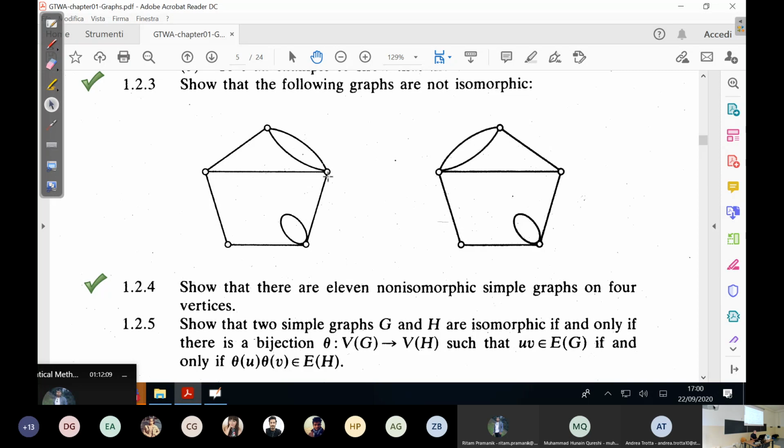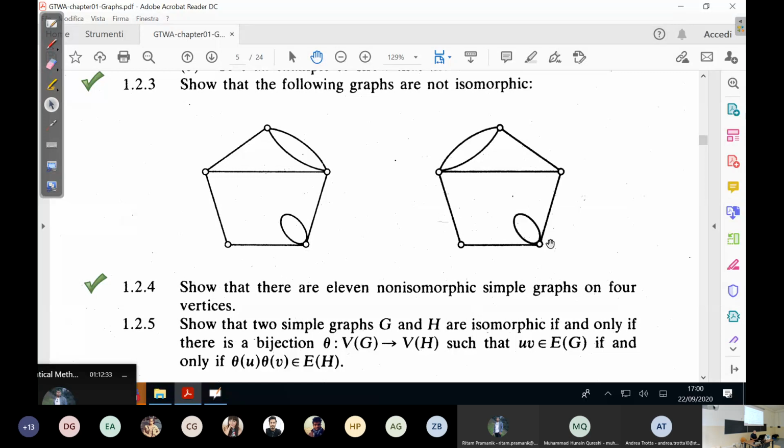Assume that you send this vertex to this vertex, then it's not possible because this edge would not know where to go, because this vertex, end of a multiple edge, and this vertex, end of a loop, are ends of the same edge. They are adjacent, we can say.